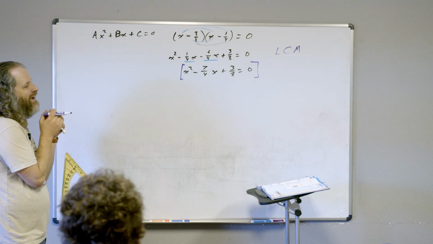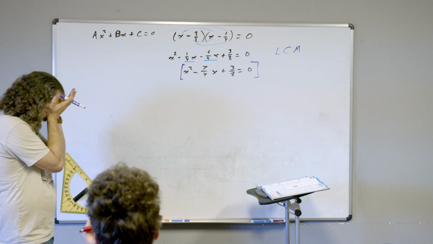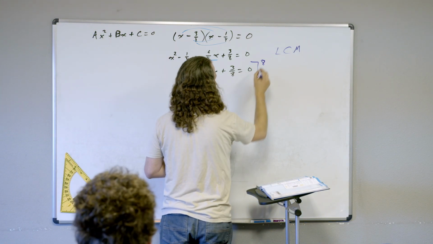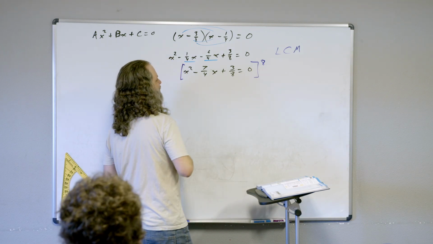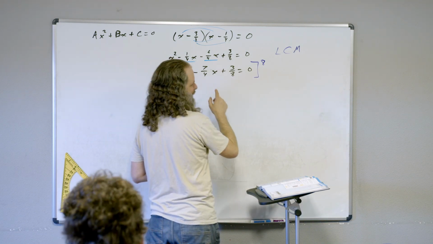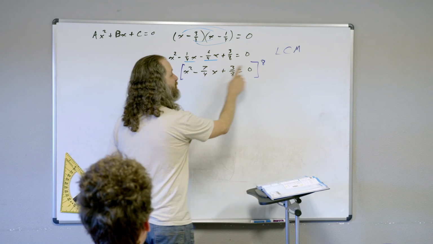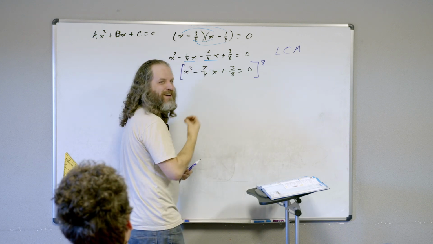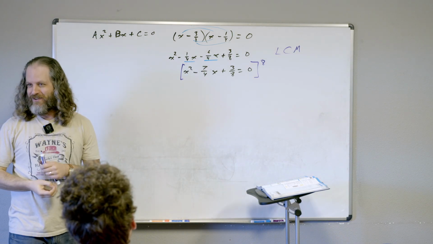How about 8? Because 8 times 1 is 8, and 4 times 2 is 8. So we can turn both of these into 8. So that's the least common denominator between the two. Yes?